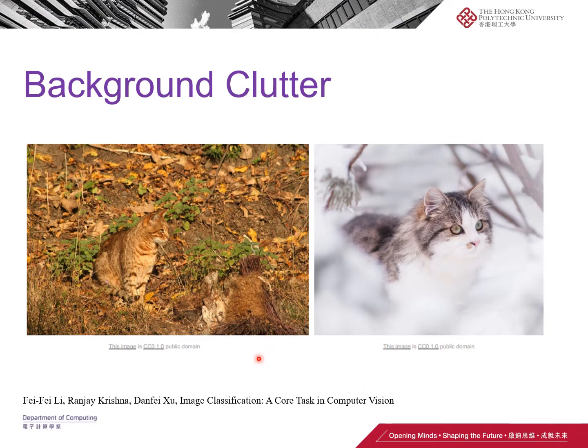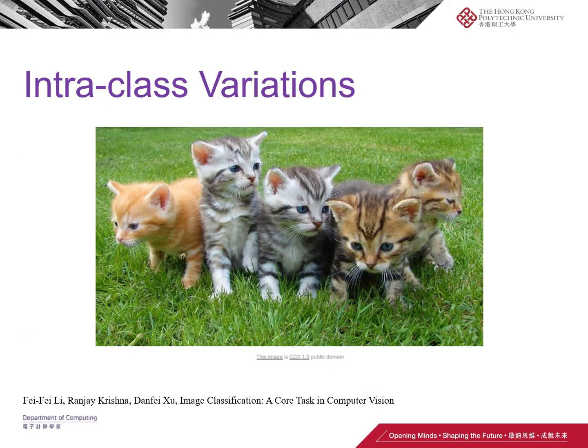The foreground is mixed with the background, and it's not easy to figure out which ones are the targets. And also there are intra-class variations, like these cats. They're all cats, but their appearances differ from each other significantly.